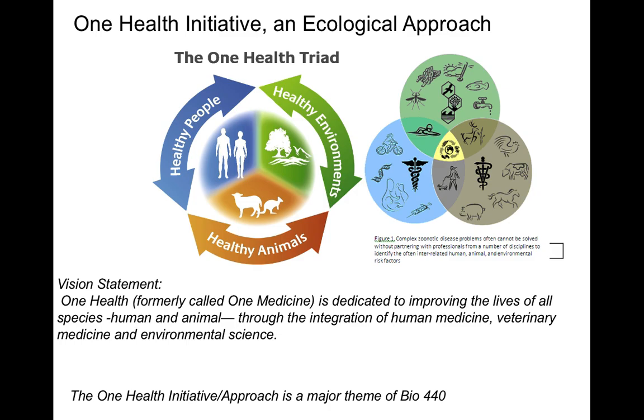Traditionally, I usually start introducing you to this concept of the One Health Initiative, an ecological approach to human, animal, and environmental health, at the start of this semester. Because we started with our new microbiology textbook, OpenStax, I left this one out. But here at the very end, I think this is very fitting.